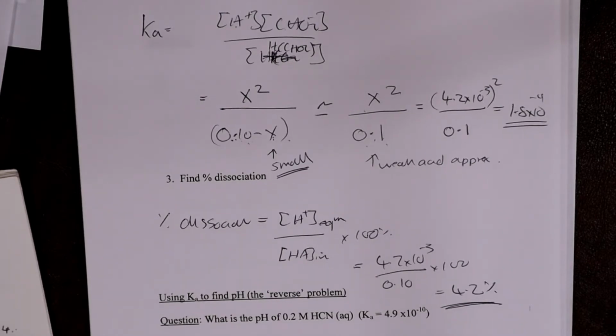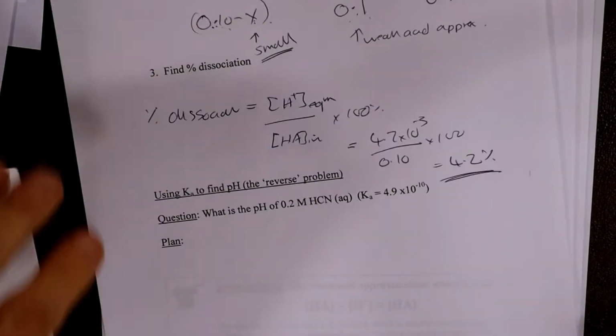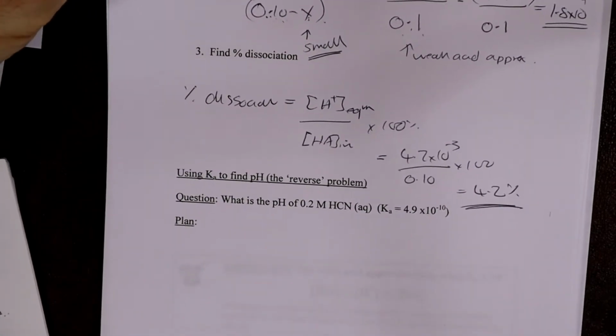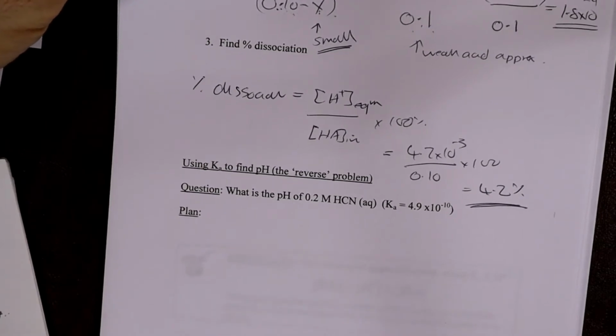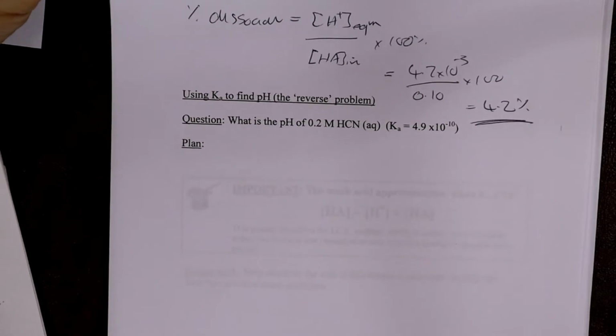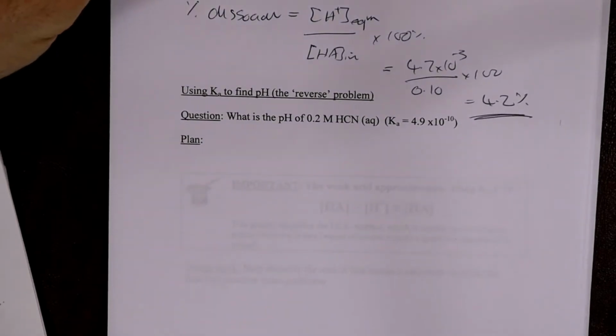That's, if you like, the forward direction: work out Ka from the pH. You can, of course, run it backwards and work out pH from Ka. Here's a problem down here. Again, I'm having a bit of lag here. Bear with me while I position the paper.